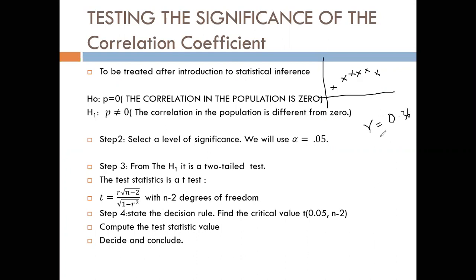But the question is, is this R value indeed significant? Is it indeed a significant linear relationship? Because your scatter is telling us this is not linear, but you calculated and you got this.